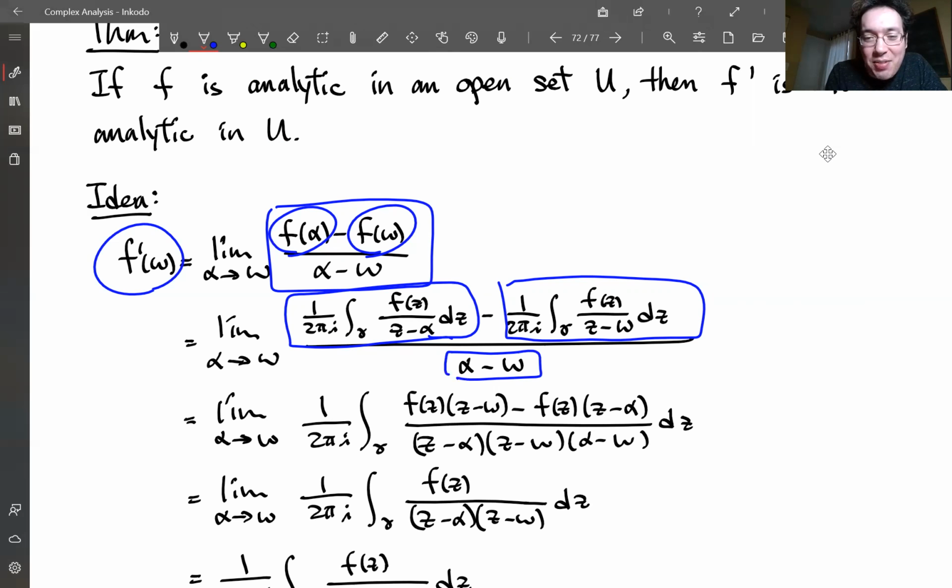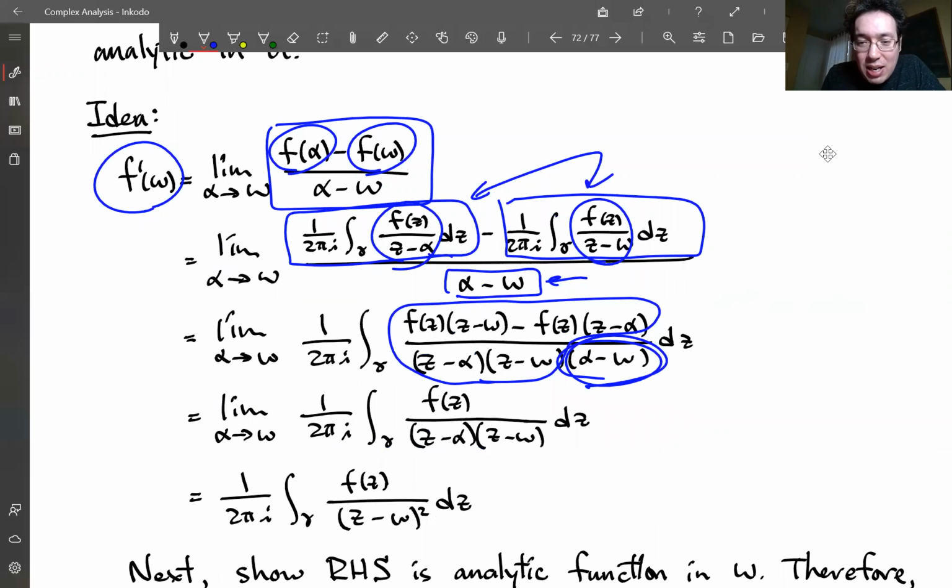So this is what we get here if we combine. And alpha minus w, that comes from dividing everything by alpha minus w. That's the same thing as multiplying by 1 over alpha minus w. So we're just going to squeeze that in the bottom as well. Okay. And if you try to simplify the numerator, f of z times z and f of z times z cancels out.